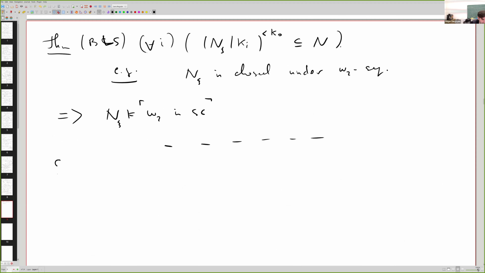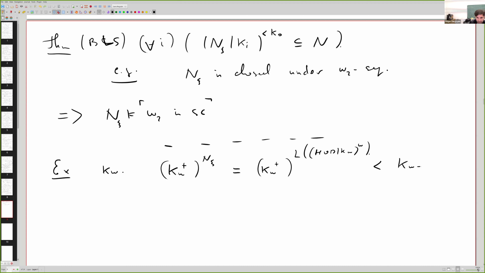So for example, let's take kappa omega, right? So kappa omega plus computed inside N psi is actually kappa omega plus of L, and up to kappa omega to the omega, which is smaller than kappa omega plus 1.